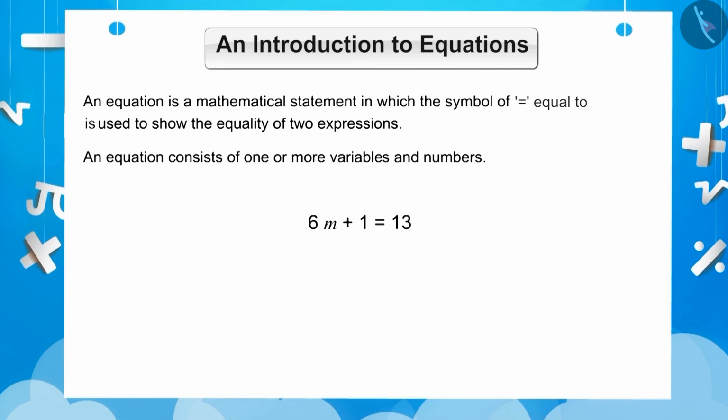This equation tells us that the sum of 6m and 1 is equal to 13. The equal to sign in an equation shows that the left-hand side value of this sign is equal to the right-hand side value. In this, the left side is represented by LHS and the right side is RHS.